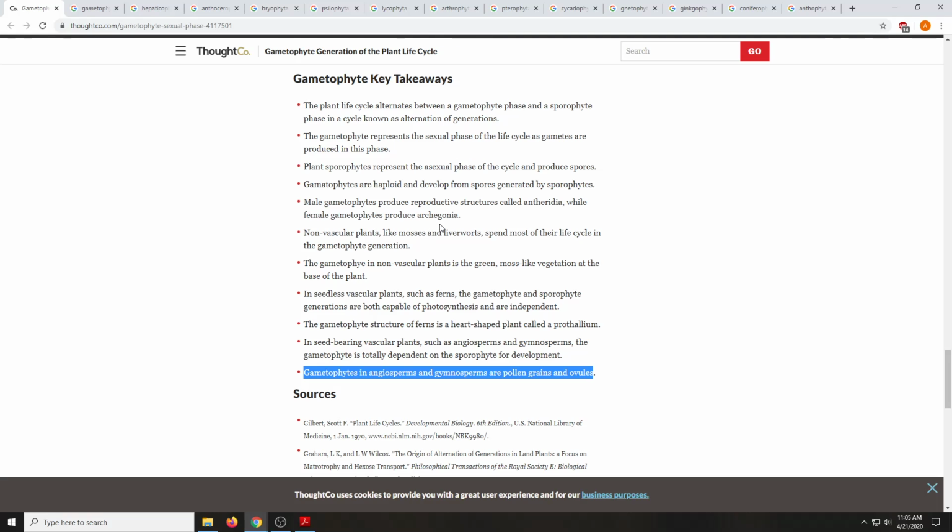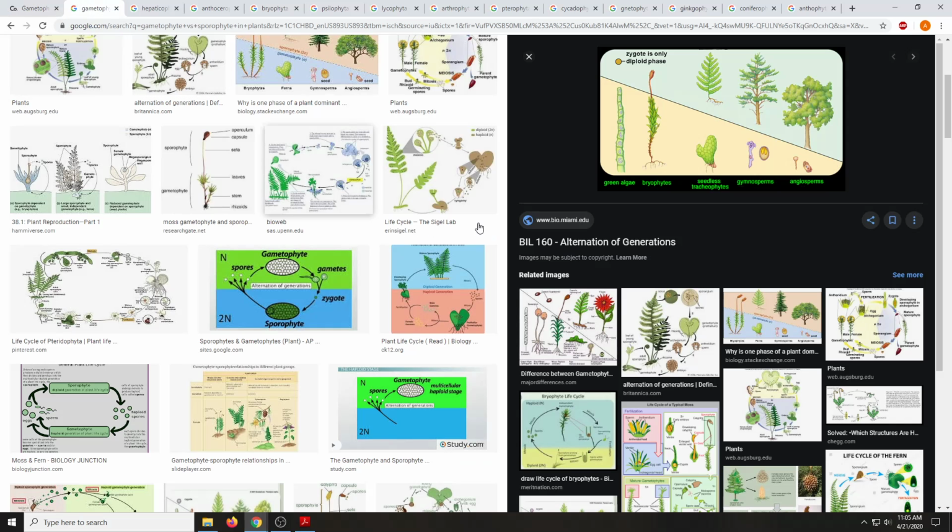And in the larger plants, the gametophytes and the sporophytes are the same thing. It's just that the gametophytes, the part that makes the reproductive cells, are attached to the plant. I hope that makes sense. It's very strange.